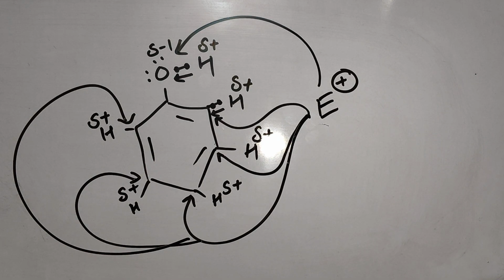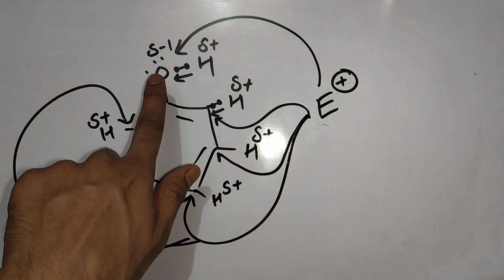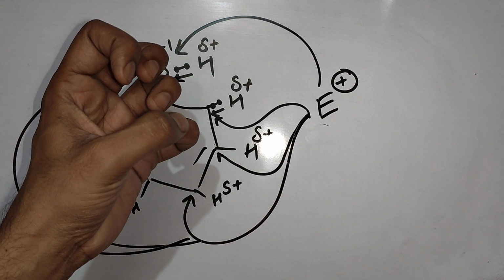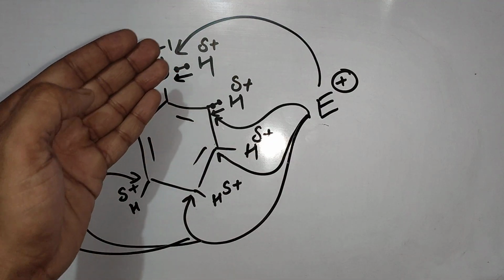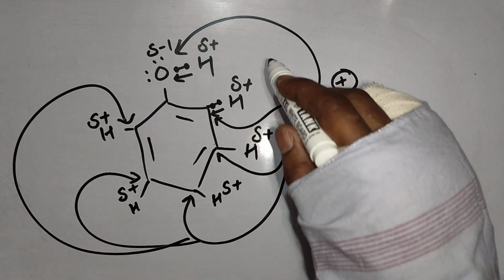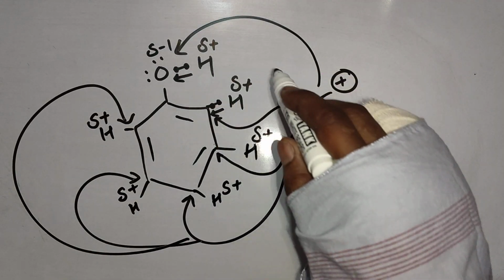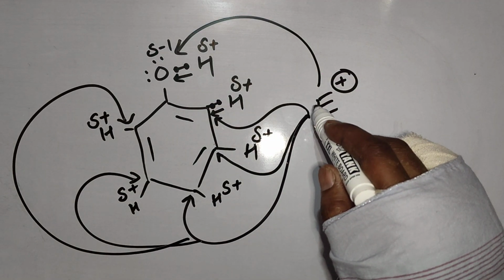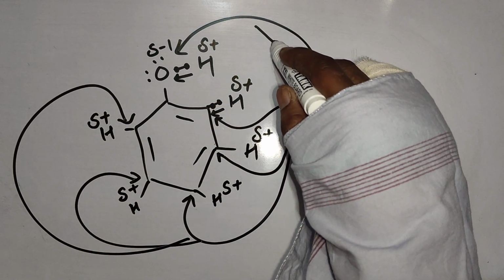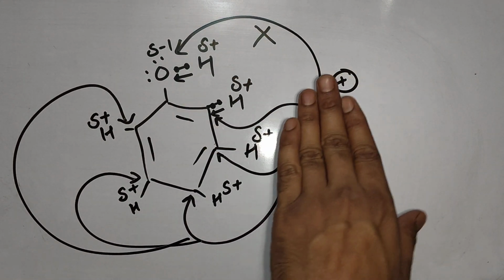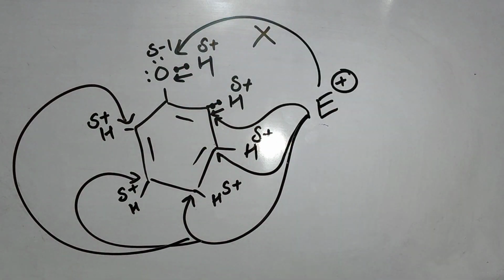The answer is no, because oxygen is highly electronegative. It will hold its electron strongly, so it is not going to deliver its electron easily to the electrophile. Means if the electrophile is attacking on oxygen, it is not going to get electrons. That's why this attack will be hindered. The electrophile will not go for oxygen for the electrons.